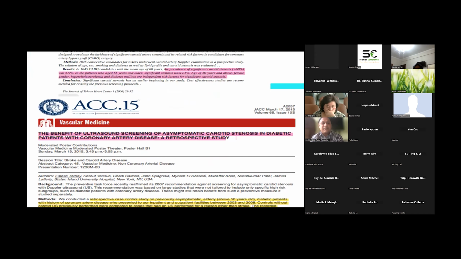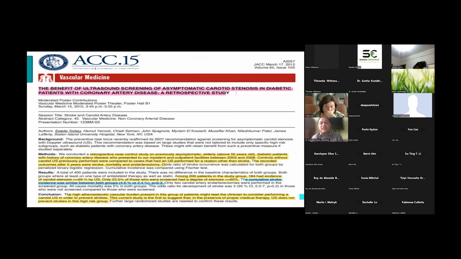Another study, the benefit of ultrasound screening of asymptomatic carotid stenosis in diabetic patients with coronary artery disease, was a retrospective case control study conducted on previously asymptomatic patients more than 50 years old who were diabetic and suffering from coronary artery disease. They found a high atherosclerotic burden on the carotid artery among the study population.